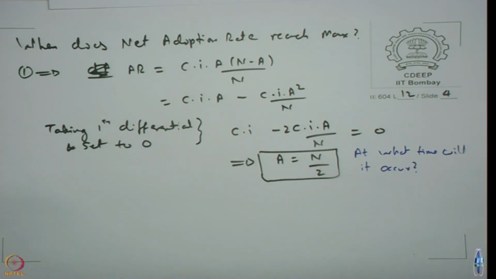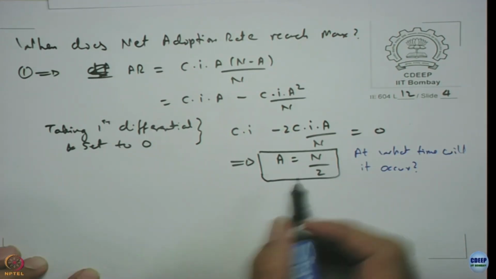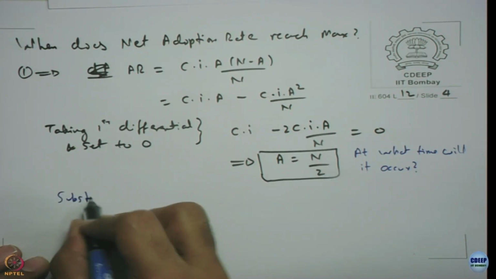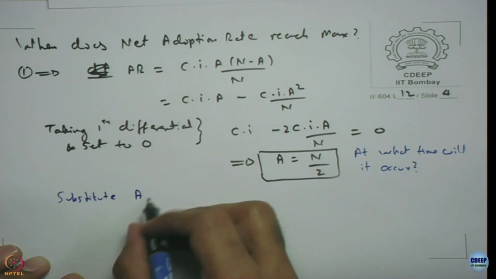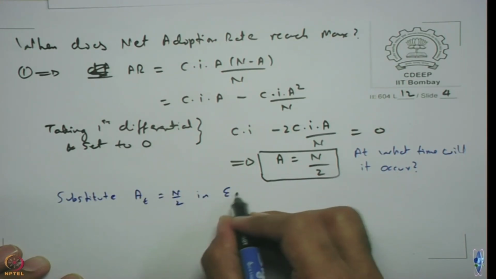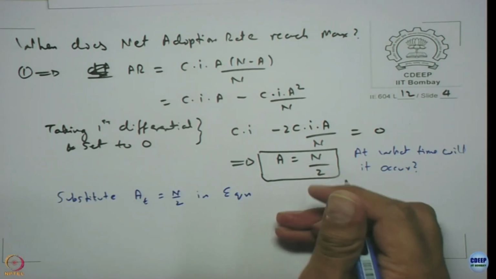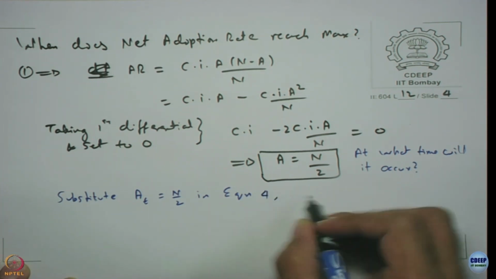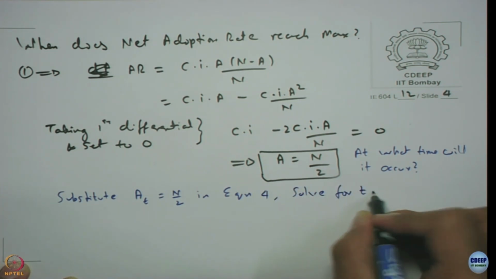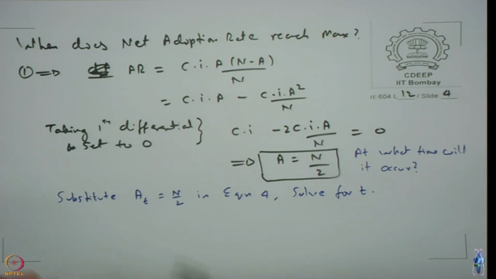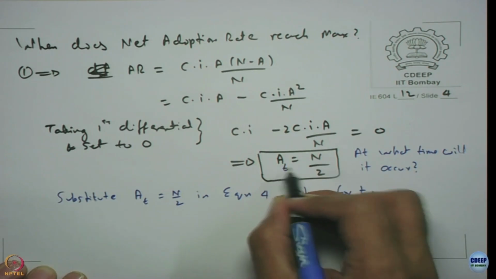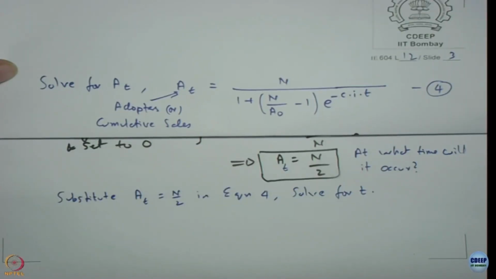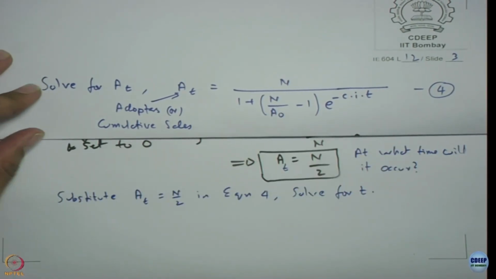To figure this out, substitute AT is equal to N by 2 in equation 4 and solve for t.